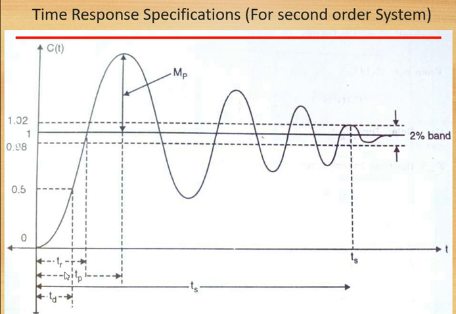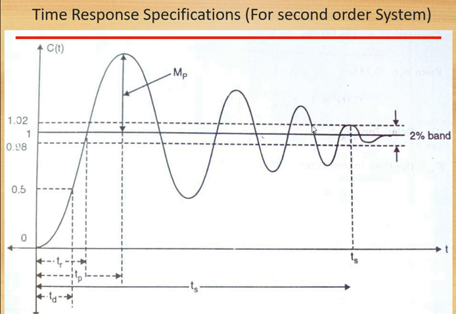How is the output going to change for a given unit step, with respect to time? This is the basic understanding from this diagram. Again I am repeating, this is c(t), the output with respect to time, this is the input, one unit step, and this is the response of the system.